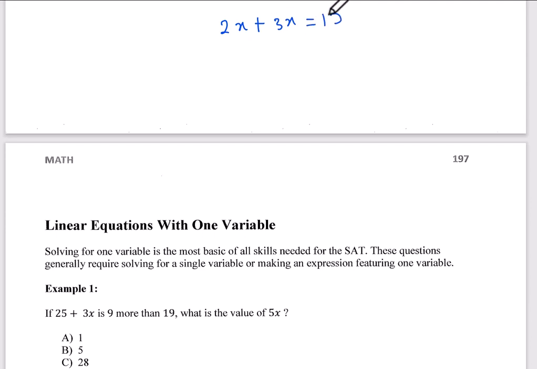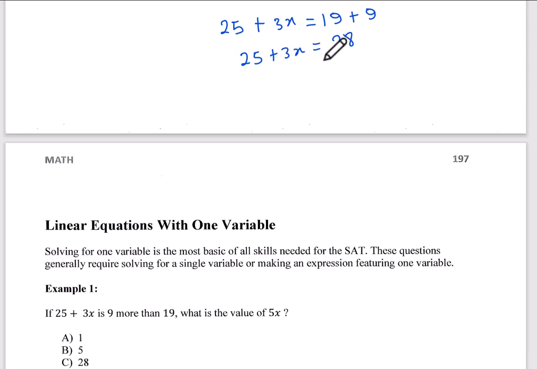So 19 plus 9. Sorry, this is 25, not 2x. So here we have 25 plus 3x is equal to 28.